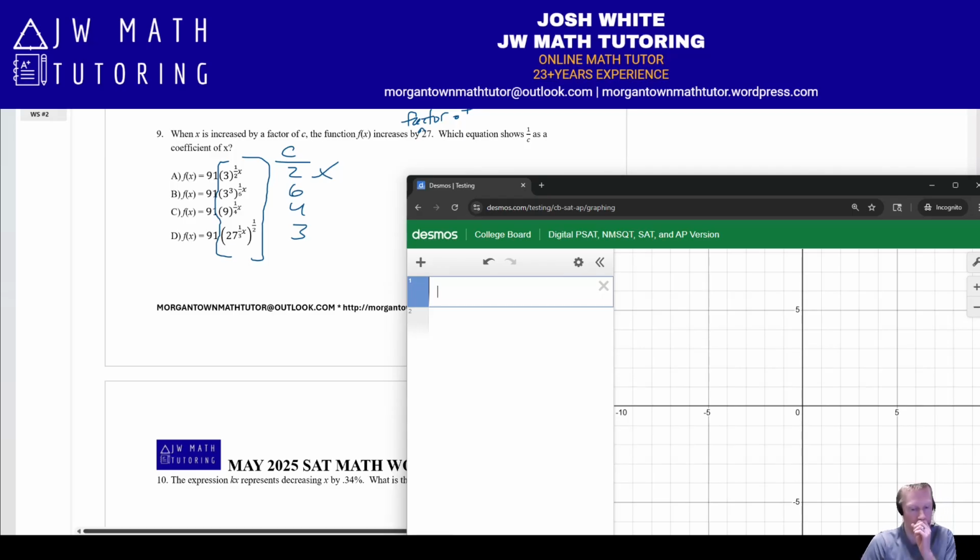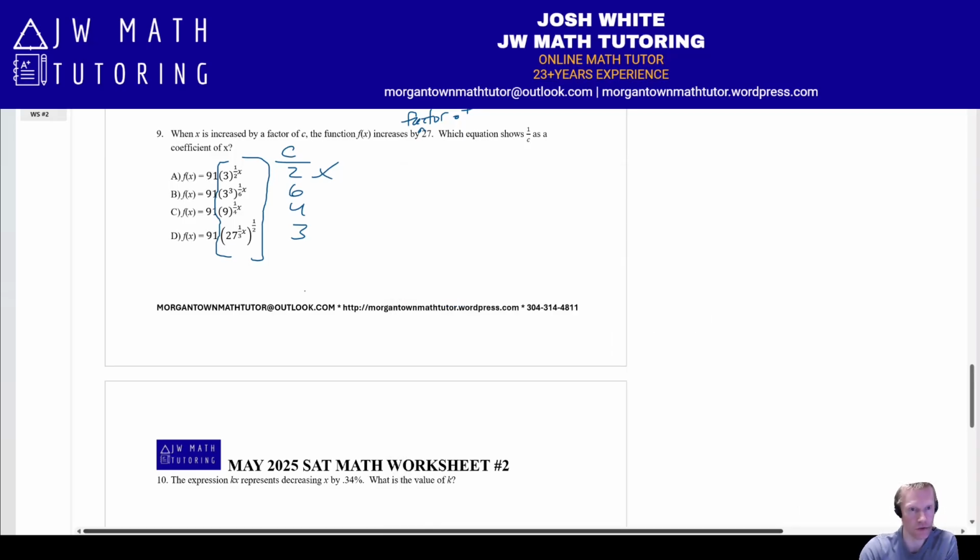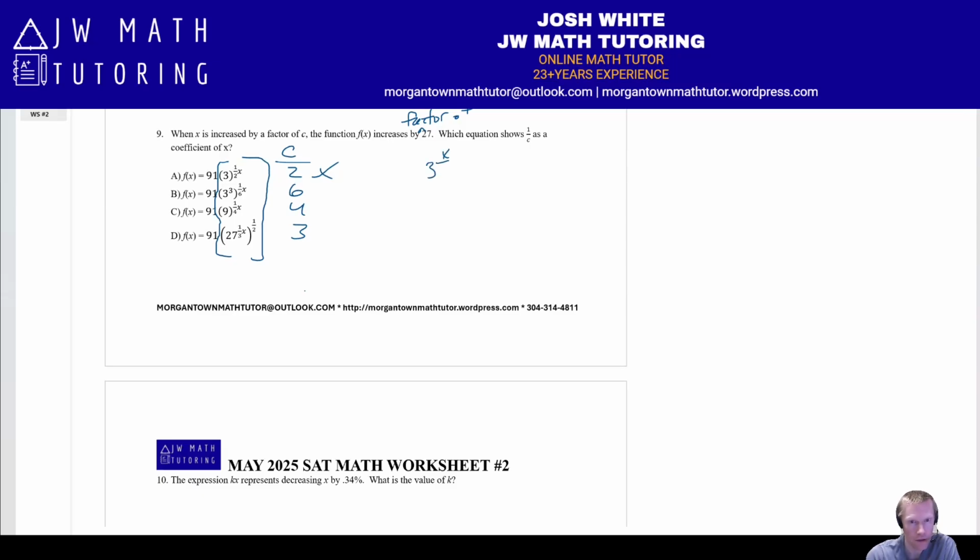So essentially you're trying to turn that into a 27. For this first one, in order to make 27 here, you basically need 3 to the third. So what value do you need to plug in for x in order to make this 3 to the 1 half x, or x over 2, equal to 3 to the third?